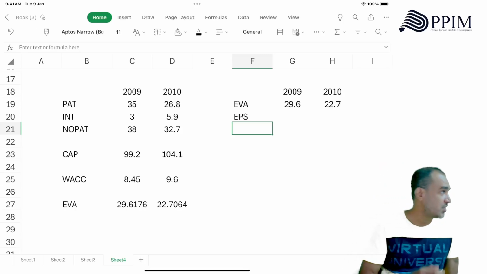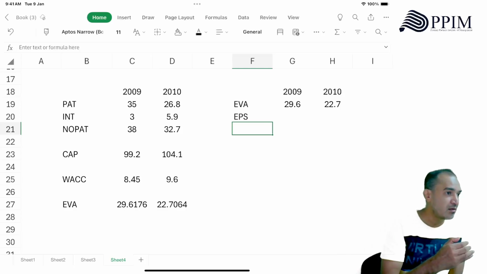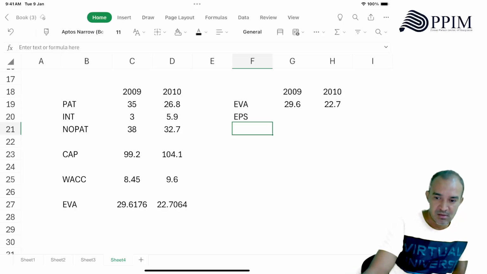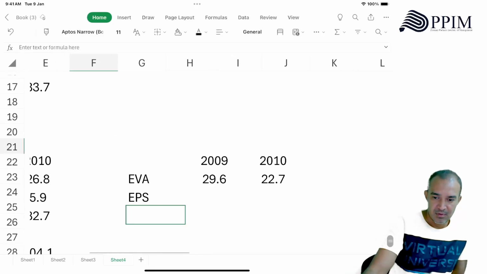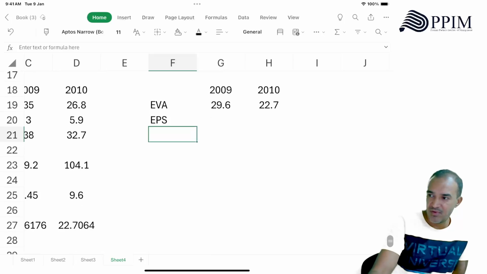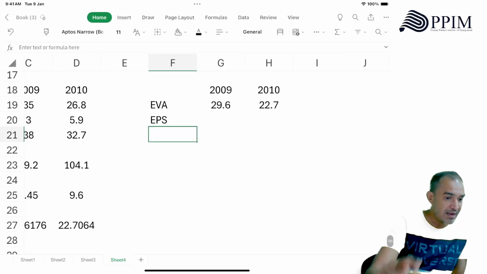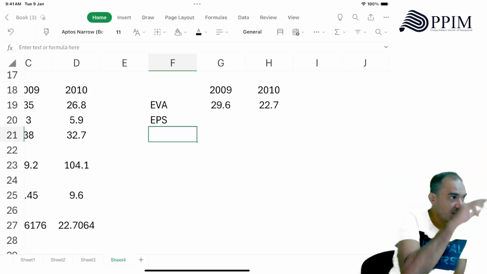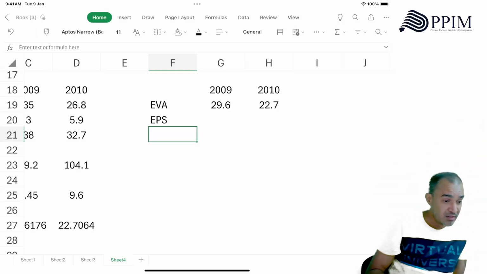Now, if you see, the question also wants you to evaluate, look at the other measures that are given along with the calculation of EPS. So now we need to look here, show all this here. Comparison of EVA, EPS, and how the stock market data have moved. So there we can show the increase or decrease. Calculate the EPS.